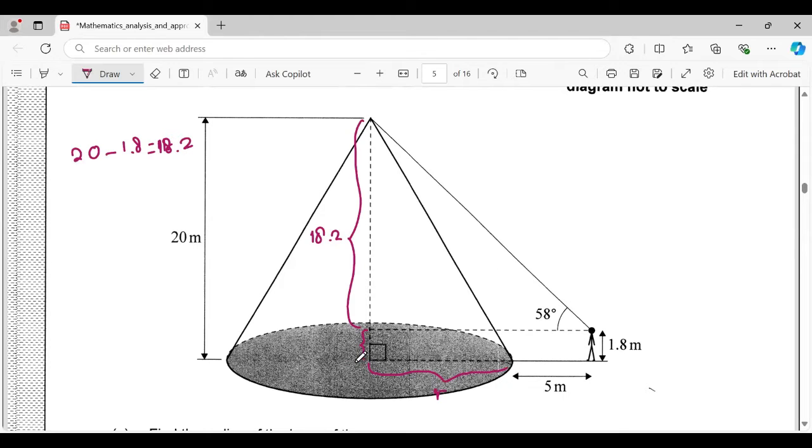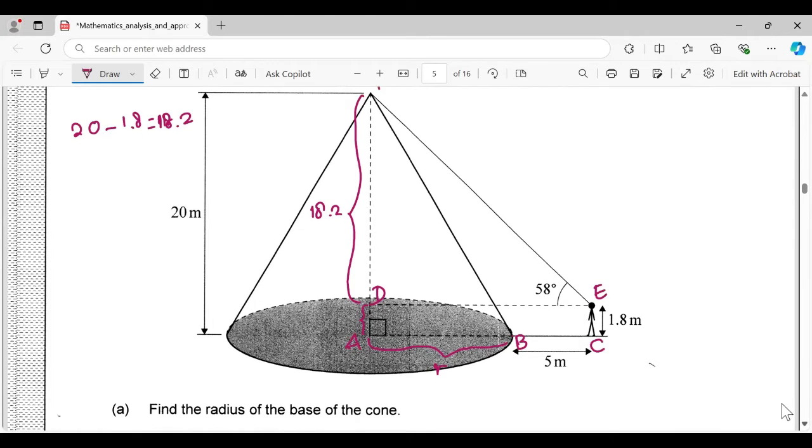So if this angle is A, and this angle is B, and this is C, this is D, E, and F.